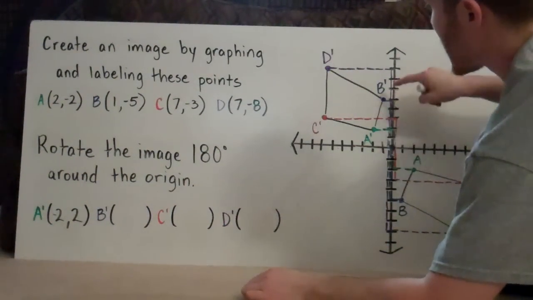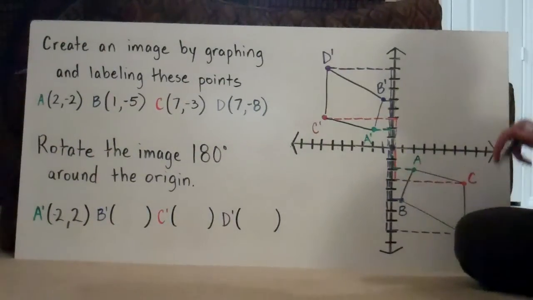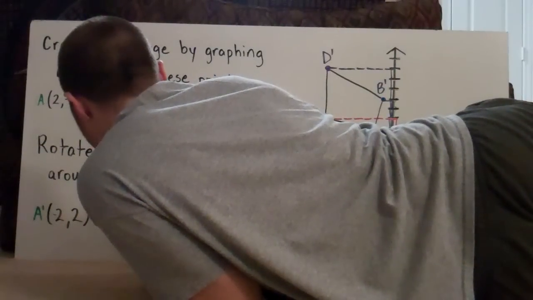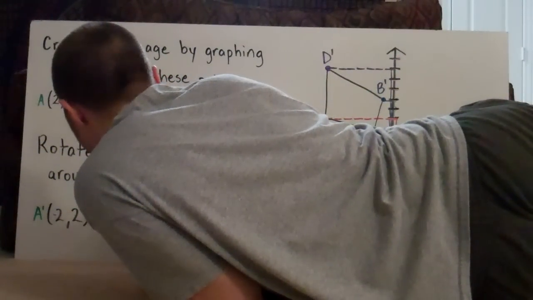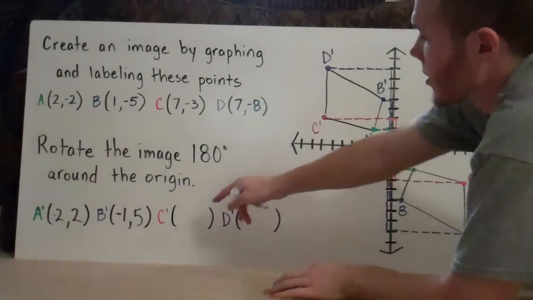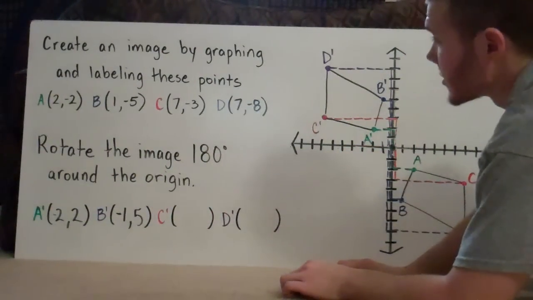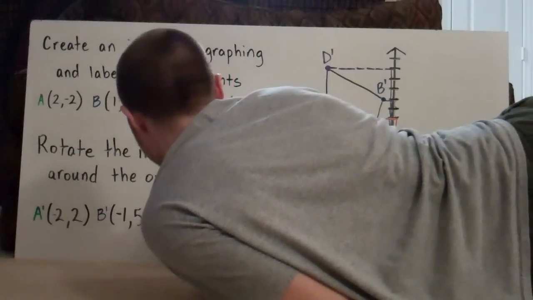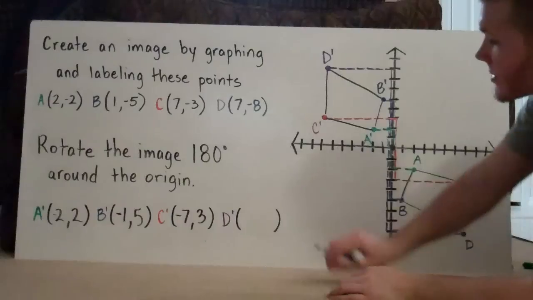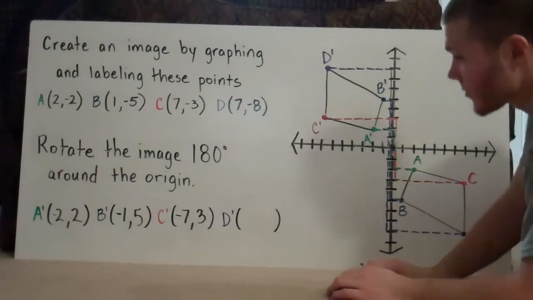Point B ends up moving to -1, 5. Alright, C prime ends up moving to -7, 3. And D prime ends up moving to -7, +8.